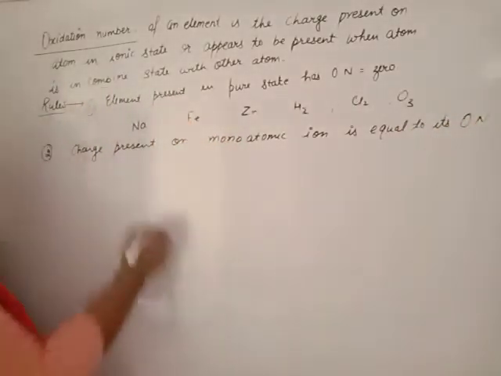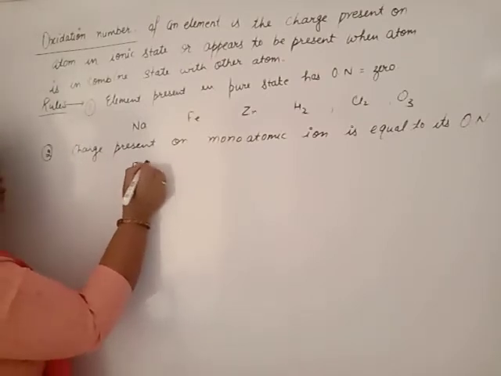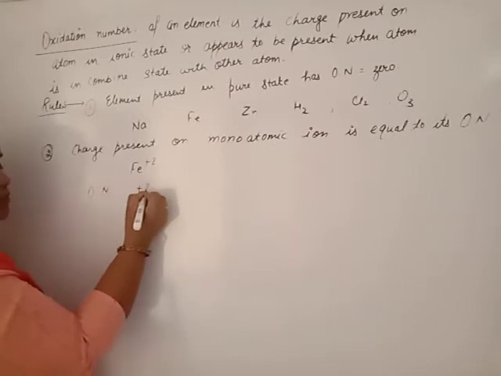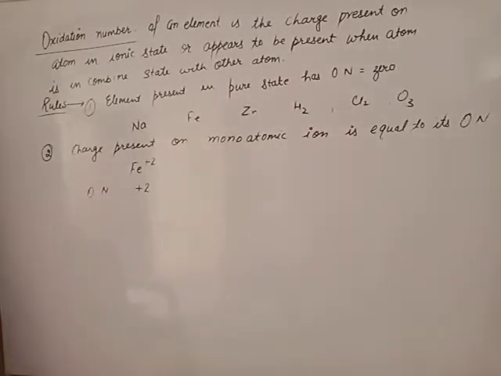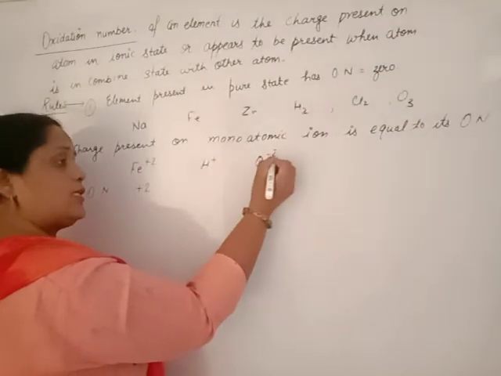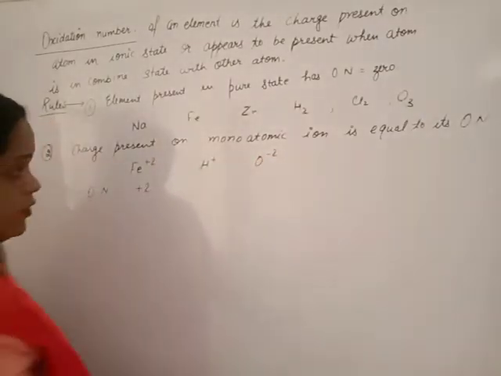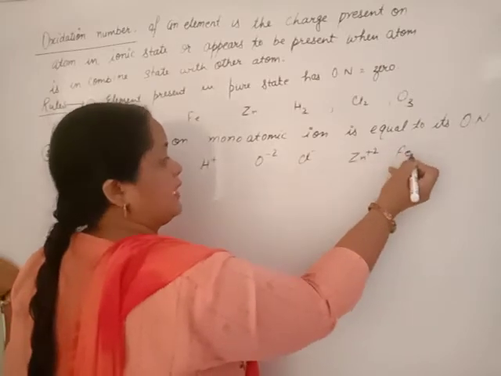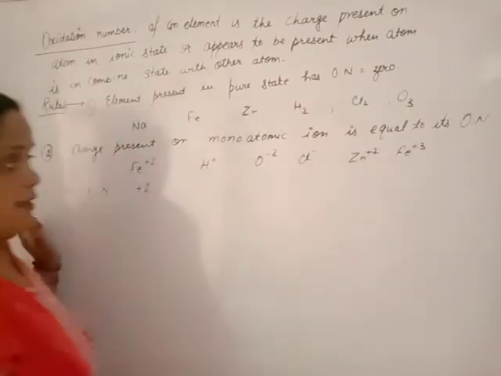Suppose in the given reaction you are given Fe2+. Its oxidation number is +2. Likewise H+, O2-, Cl-, Zn2+, Fe3+, and so on.